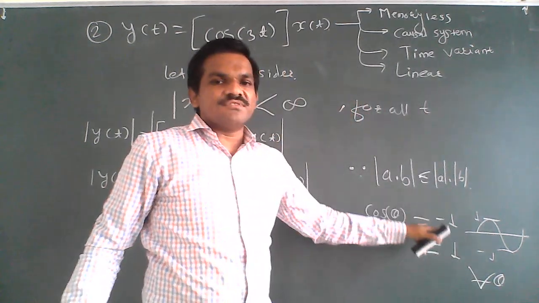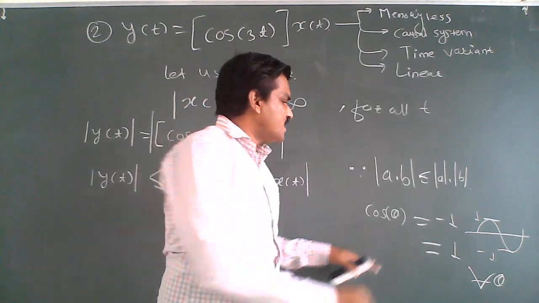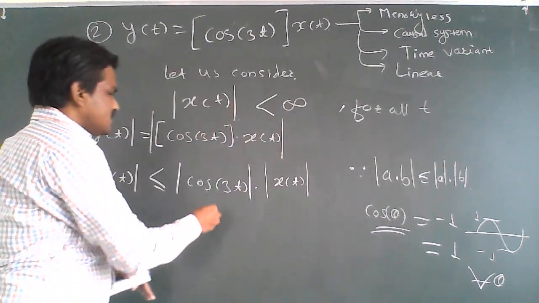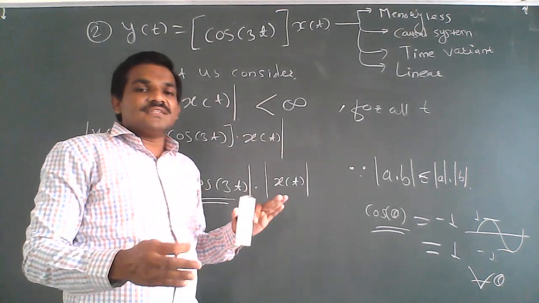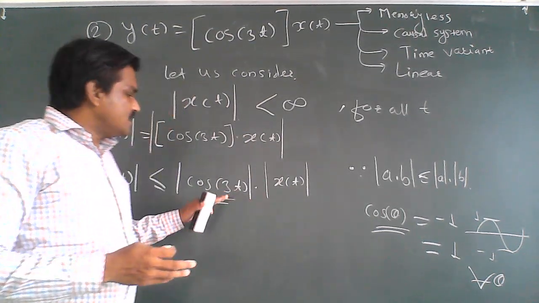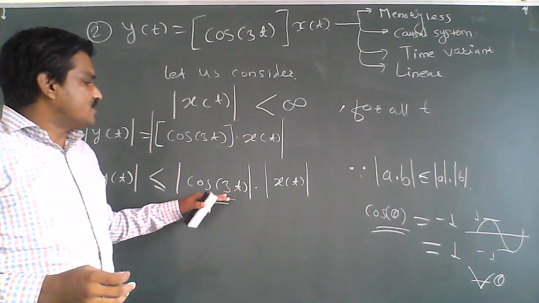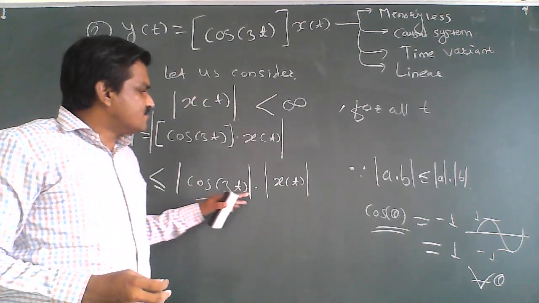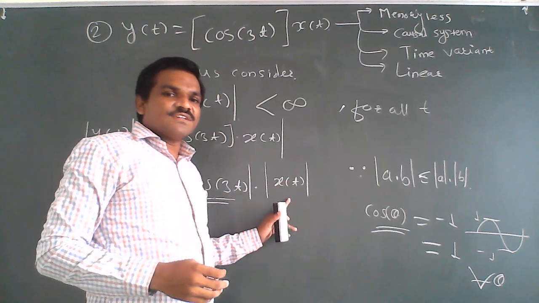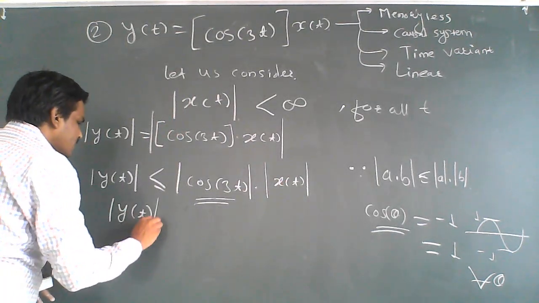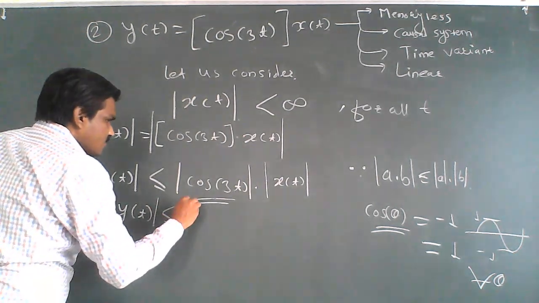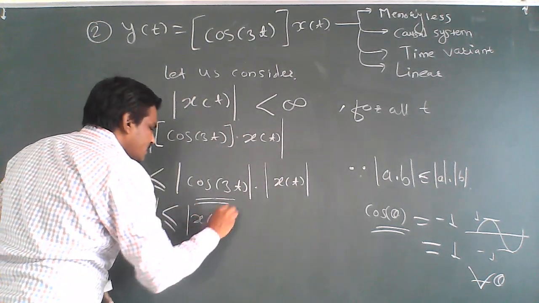That means this particular term cos of 3t is bounded, or you can say it is less than infinity. It can be +1 or -1, and then it is multiplied by mod of x of t. So I can directly write mod of y of t is less than or equal to mod of x of t.